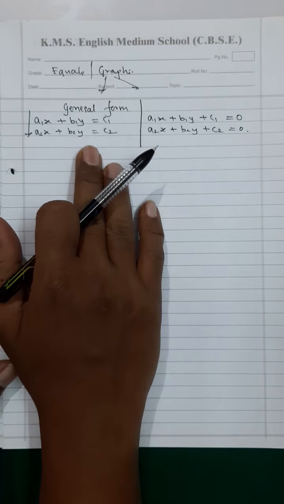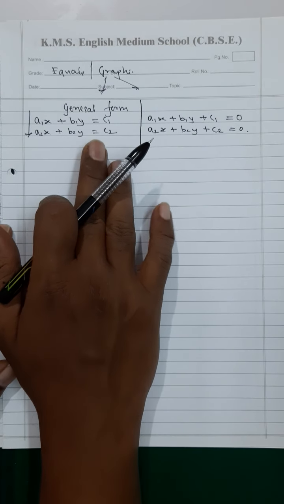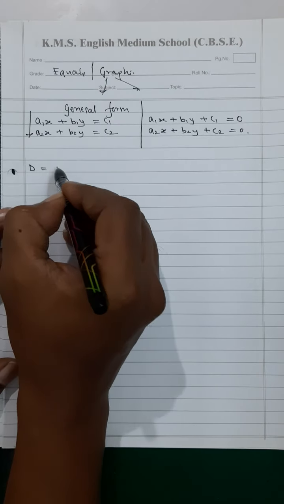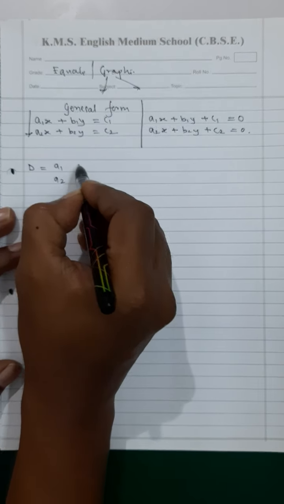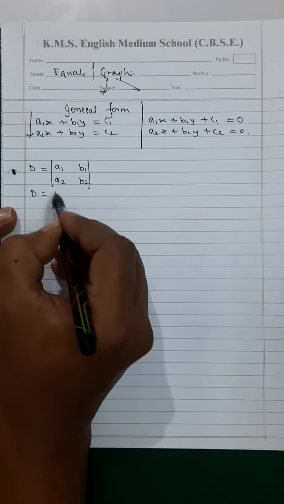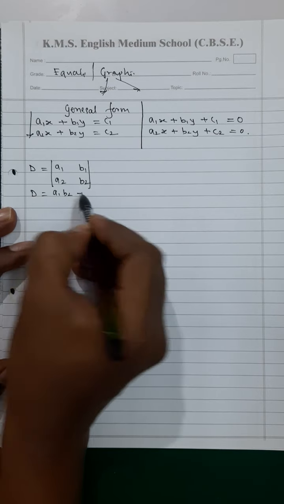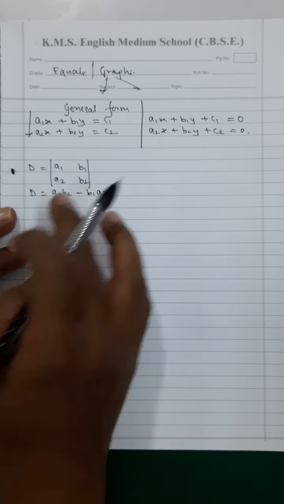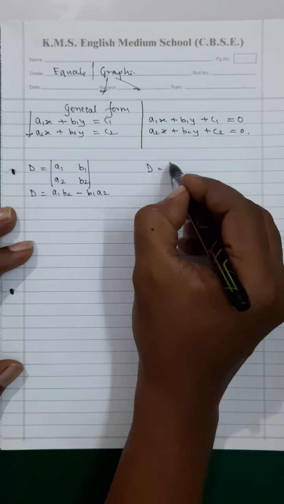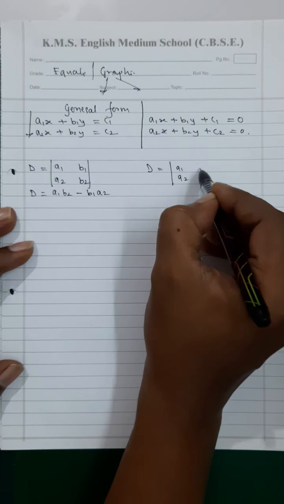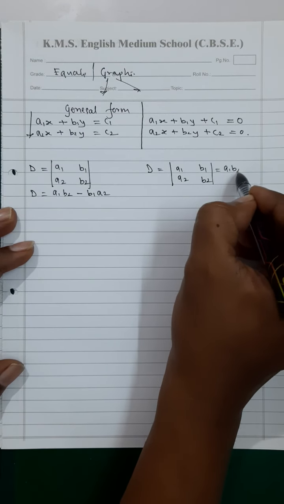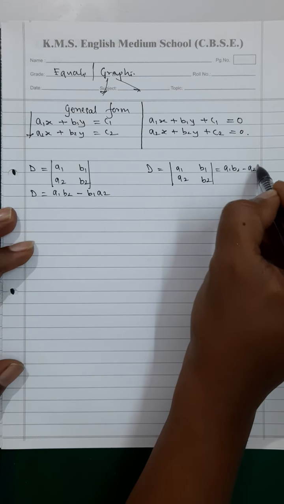If the general form is this, then remember, my dear students, D is equal to A1, A2, B1, B2, where D will be equal to A1 into B2 minus B1 into A2. It is going to be the same whether you are doing this or this, because in this also D is equal to A1, A2, B1, B2, which will be equal to A1 into B2 minus A2 into B1.